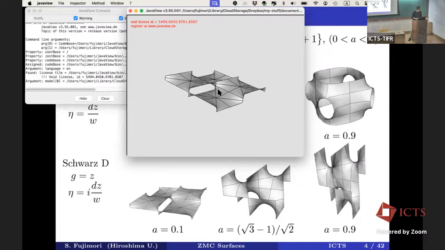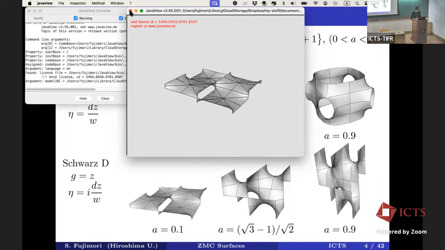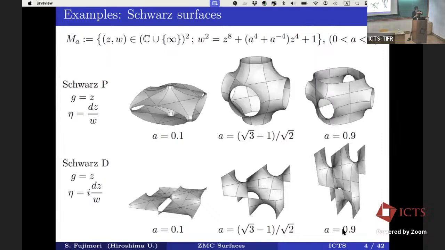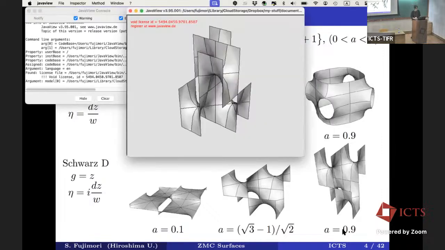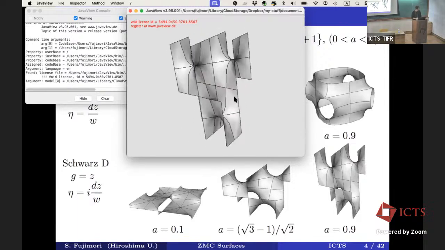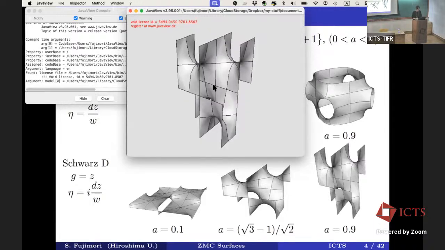So here in the center, we see some kind of helicoidal shape. And if A is close to 0 or close to 1, then the shapes look like this. So these are the Schwarz D family.